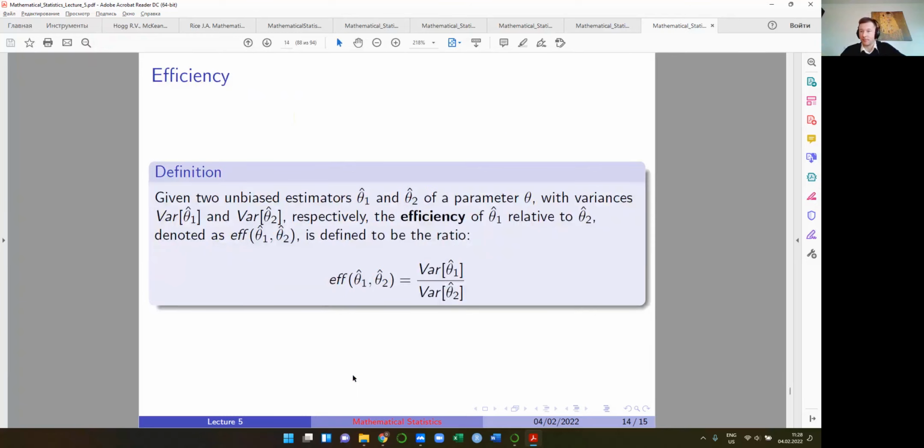And now we introduce the idea of efficiency. So if we have two unbiased estimators, so no bias there, theta 1 hat and theta 2 hat of the same parameter theta. In practice, we have two estimators for a population variance. We have the method of moments estimator, where we divide by n, and we have the sample variance, where we divide by n minus 1.